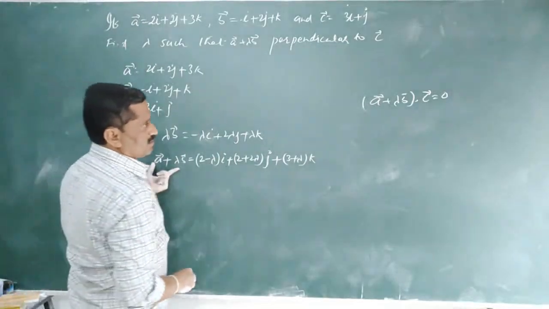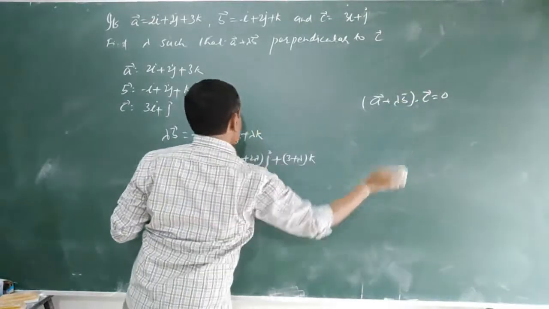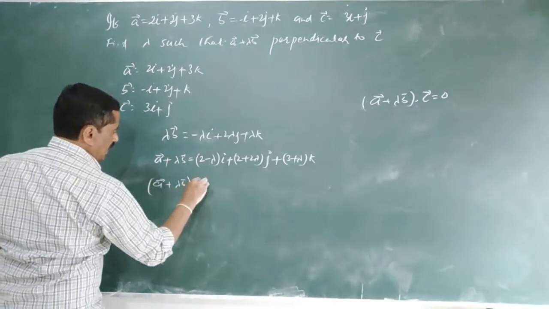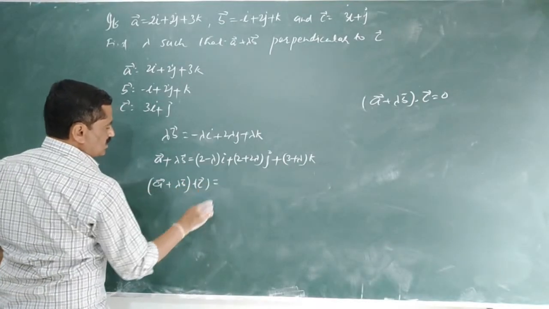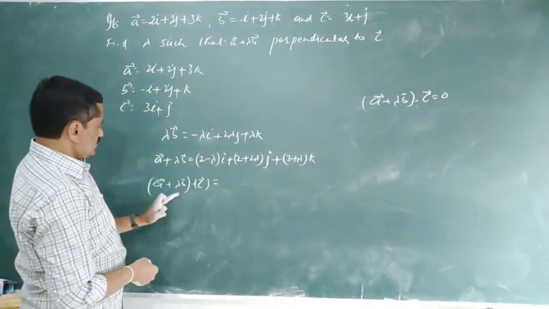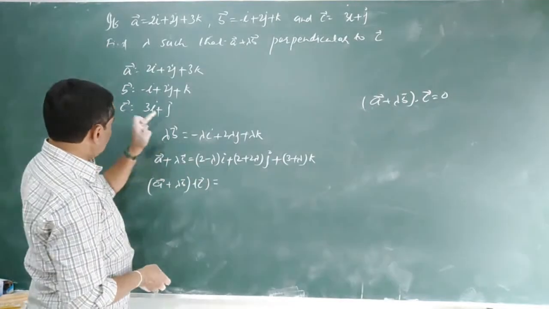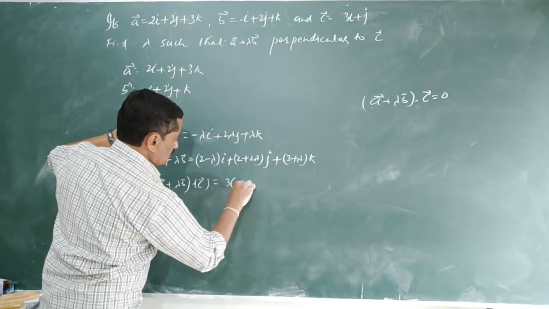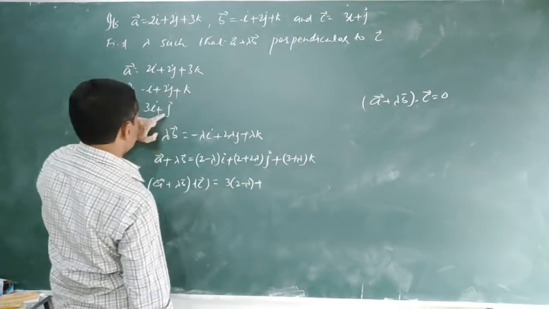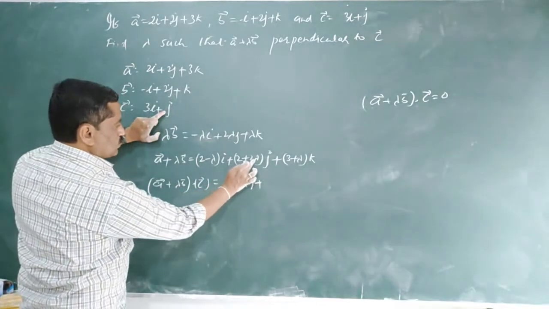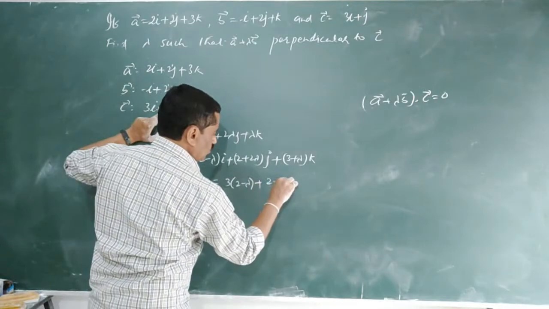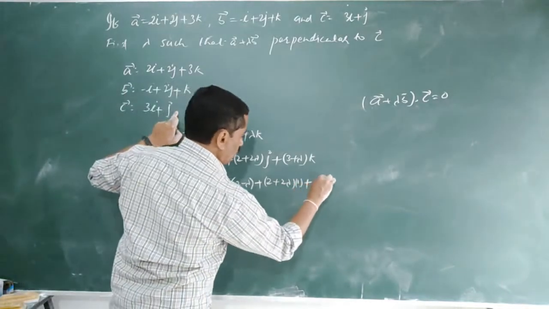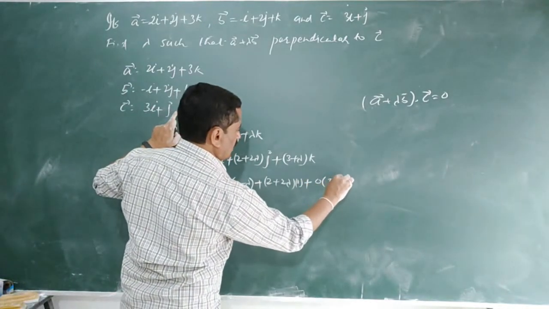Now we need to find a bar plus lambda into b bar dot c bar, again that is equal to product, that is 2 minus lambda into 3, so that is 3 of 2 minus lambda, again we have plus 2 plus 2 lambda into 1, again plus 0 of 3 plus lambda.